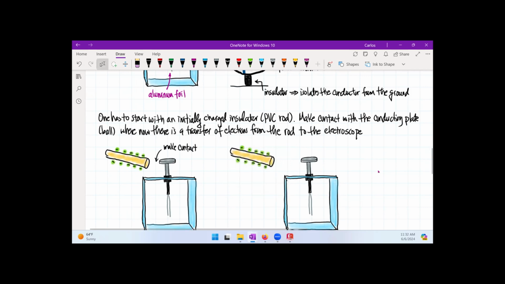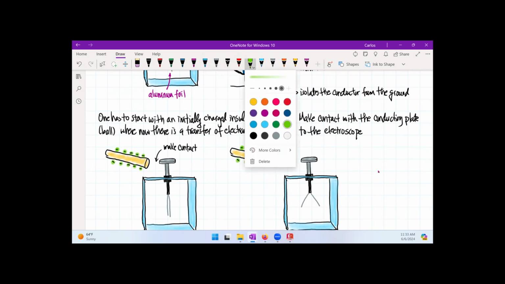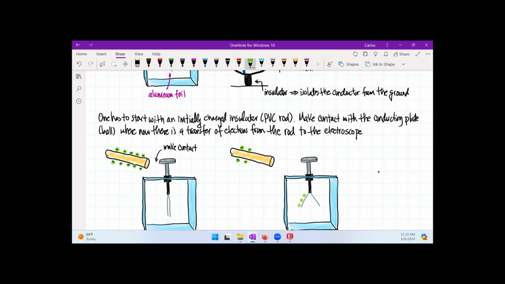And so what you're seeing here is that now we have lost electrons. And when you lose electrons, they transfer through the conductor and try to get as far away as possible. So in other words, I'm going to have charges here and here, and because it's so lightweight, I end up getting repulsion between the two aluminum sheets.